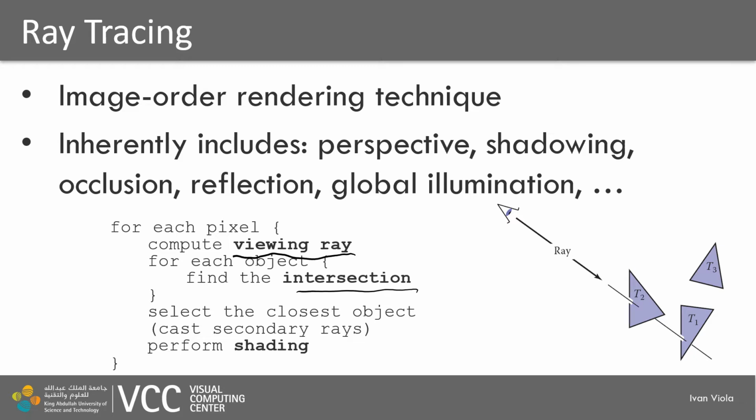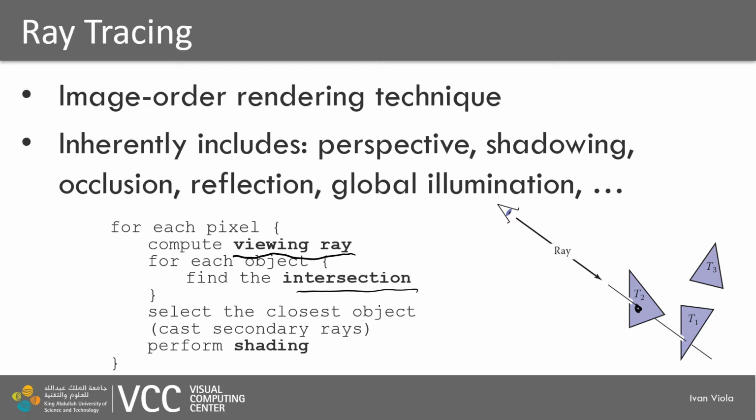And once we find intersections, in case our objects are opaque, then only the first intersection, the closest intersection to the eye, matters, because that one will finally be projected on the particular pixel.